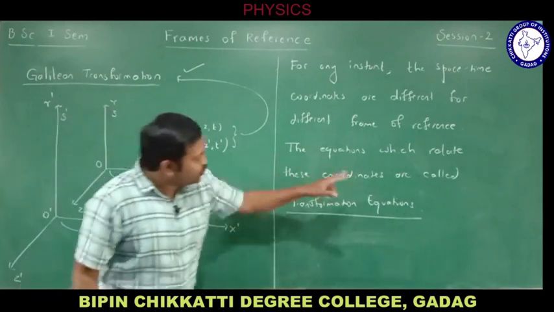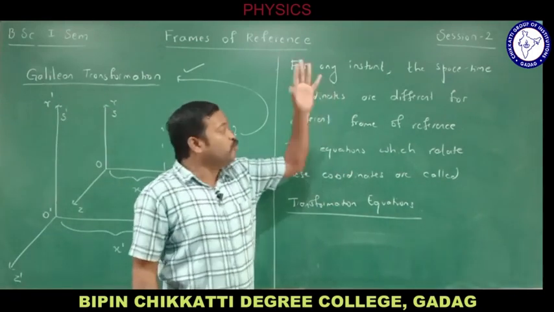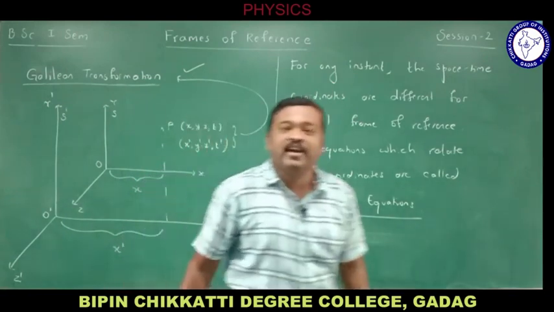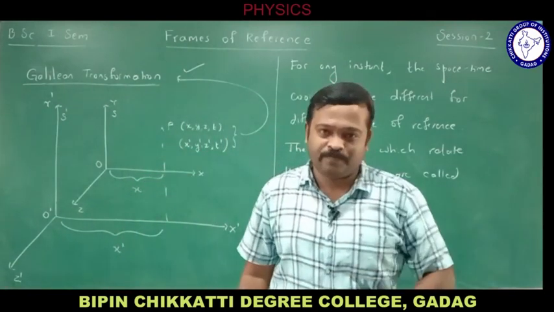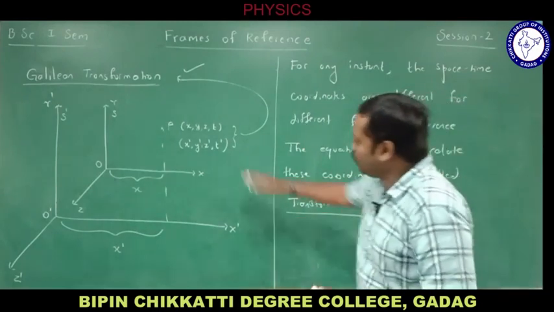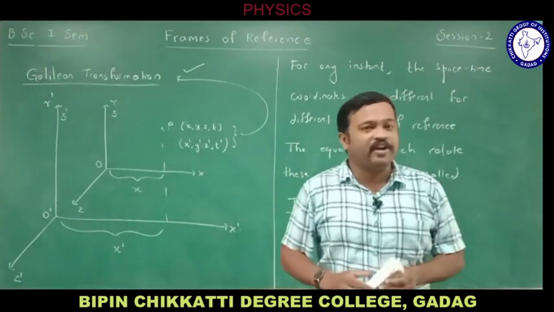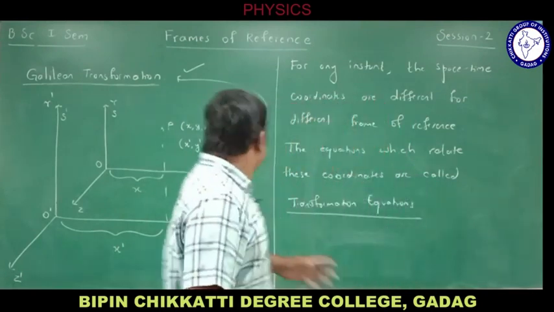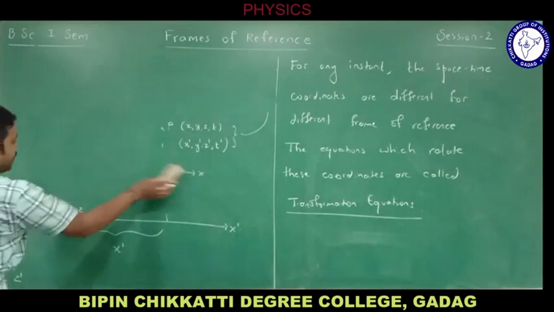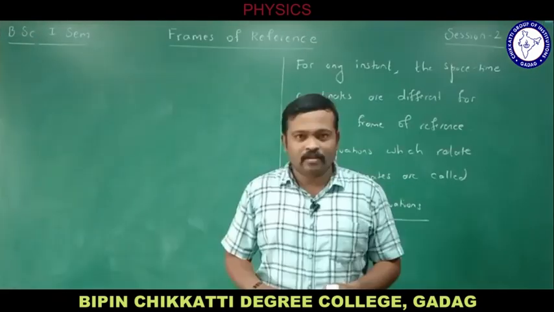The equations which relate the coordinates from one frame of reference to another frame of reference are called transformation equations. So we are relating these coordinates with each other.